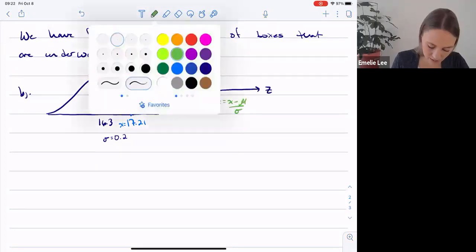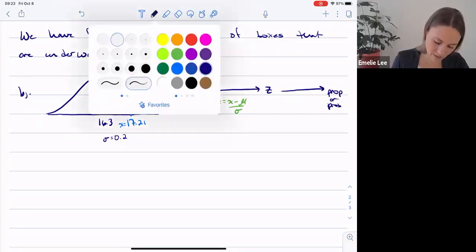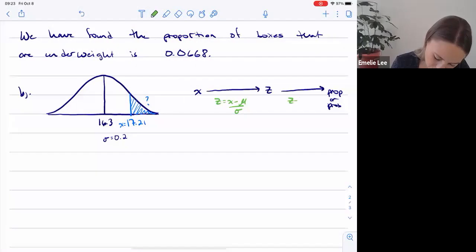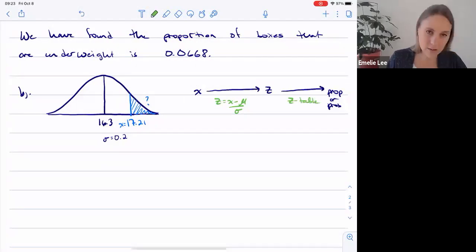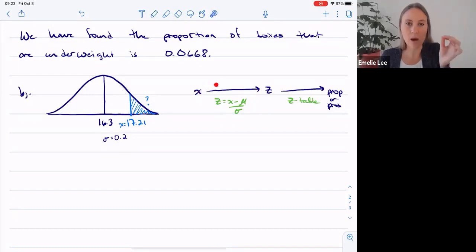And then that Z is going to be turned into some proportion or probability using the Z table, right? So there's kind of like a pendulum here. You have an observation, you convert it to a Z using that Z calculation, and then you can use the Z table to find the probability or the proportion.